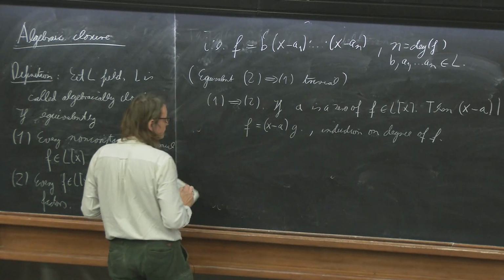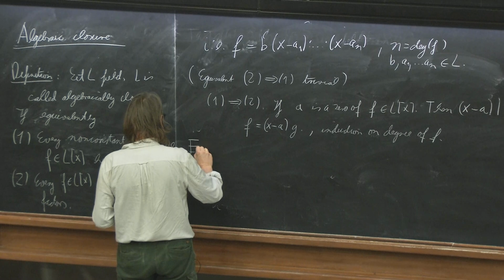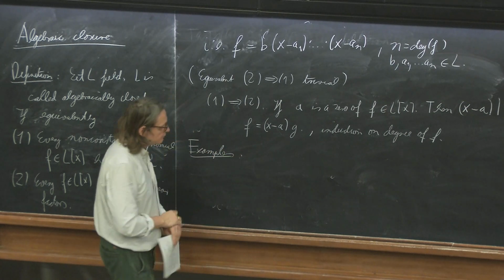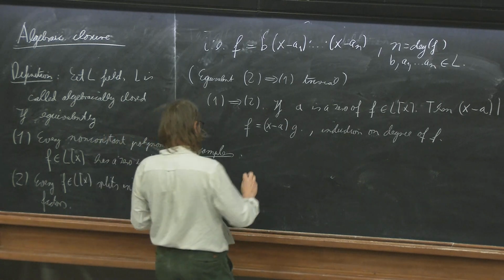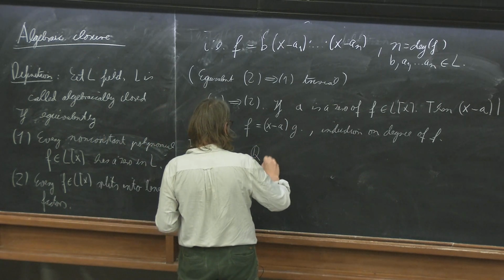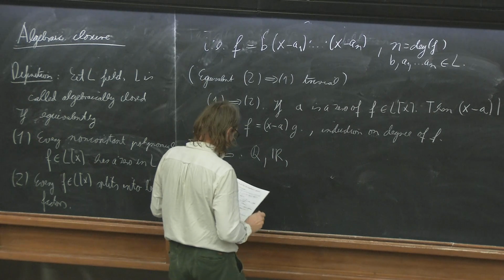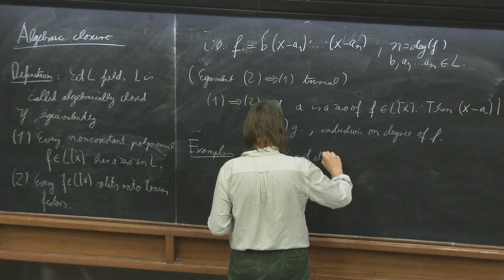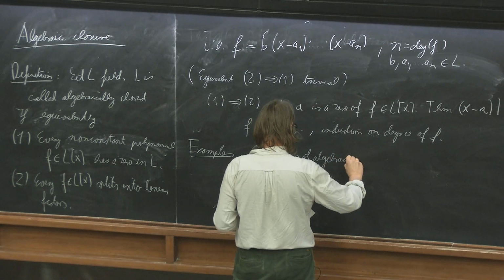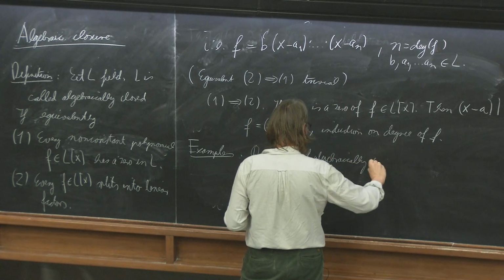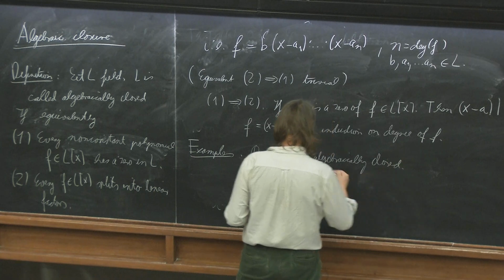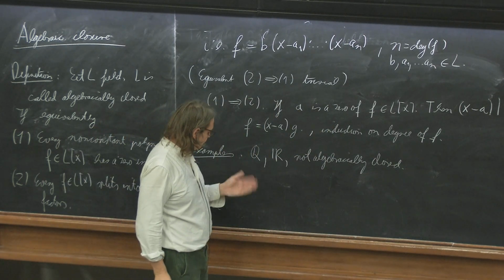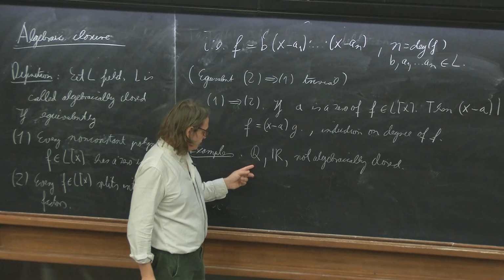Okay, so as examples, we know some fields that are not algebraically closed. Many polynomials with coefficients in Q don't have zeros in Q, for instance x squared minus 2.